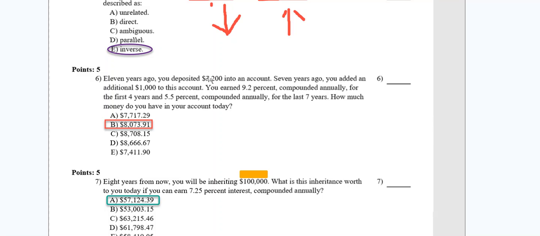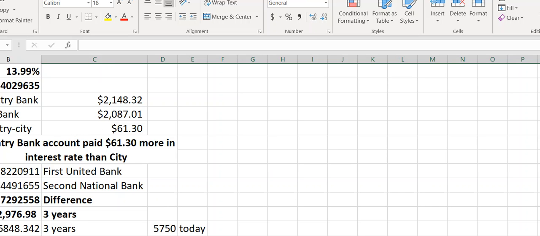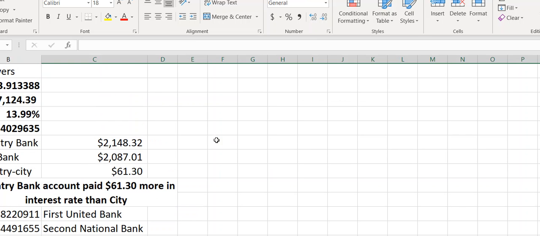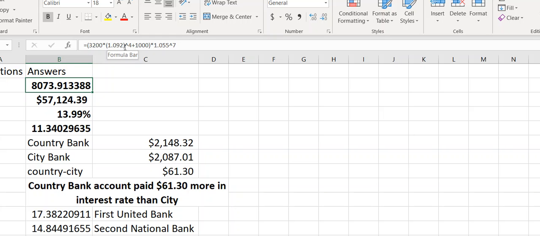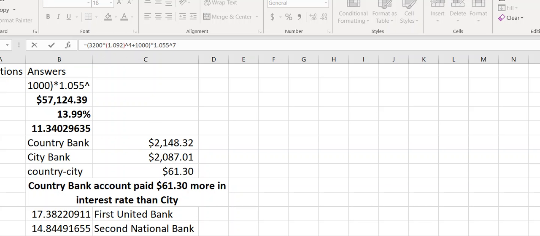So you have 4 years for 3200 to grow, and then you will be depositing 1000 after that, and the total amount grows for 7 years at a rate of 5.5%. So it's just an application of the future value function.